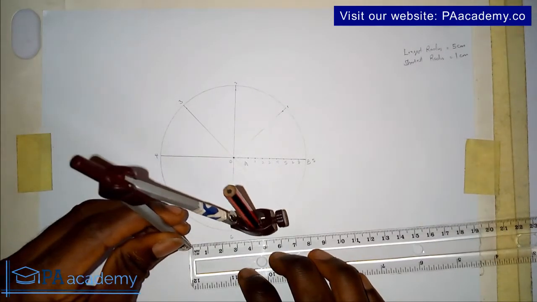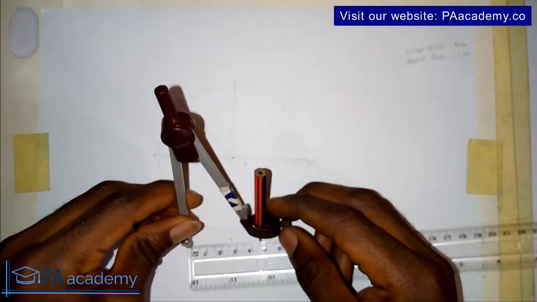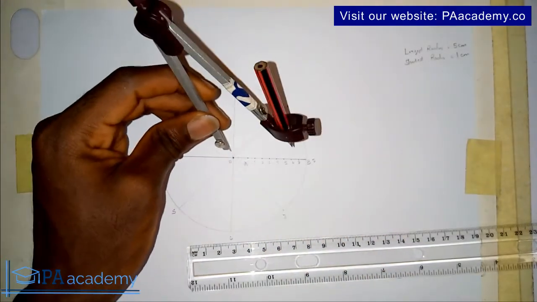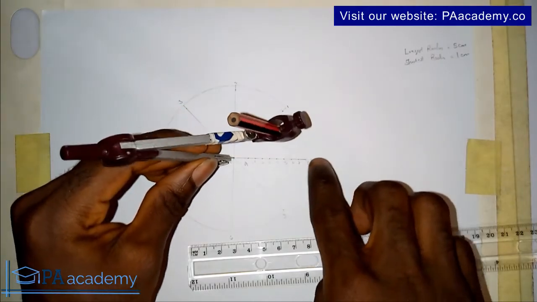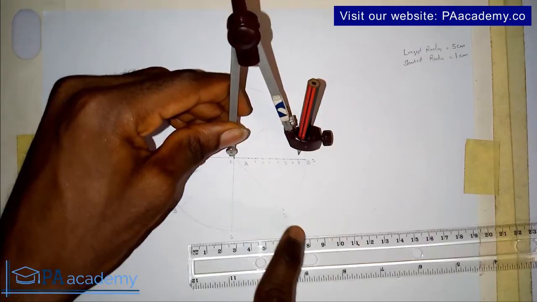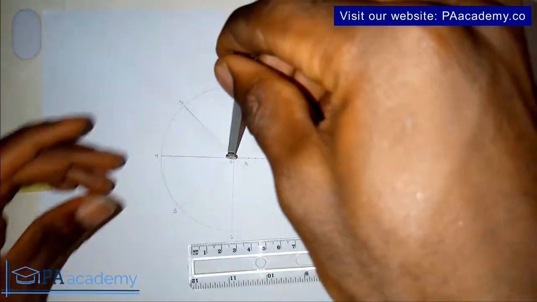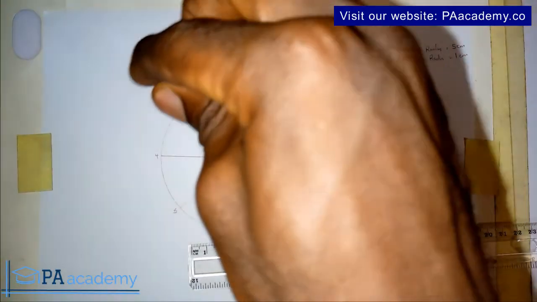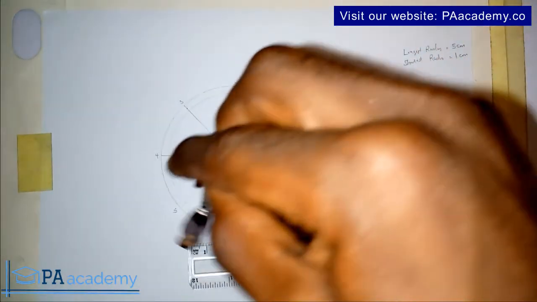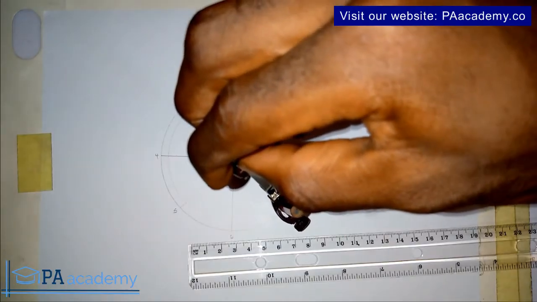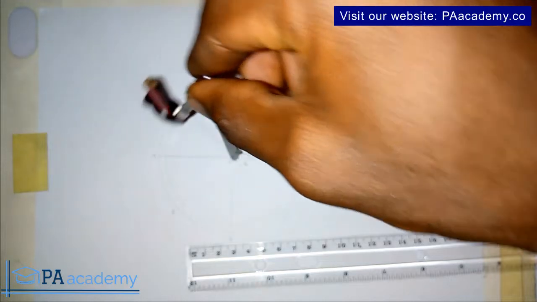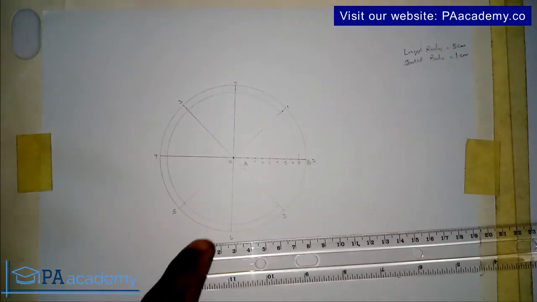So I'm going to measure 4.5, and draw an arc from this point 7 to touch the line that I numbered 7. You'll be having something like this. So it's stopping at point 7.